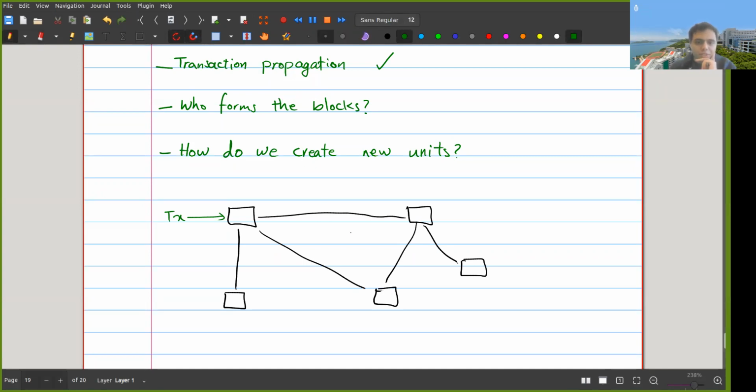So if you just get 2 transactions, let's say I first received transaction 1 and then I received transaction 2, it might be the case that transaction 1 was really made earlier than transaction 2, or it might be the case that transaction 2 was made earlier, but there was more delay because it was announced to a, let's say, farther point of the network and it took more time for it to reach me.